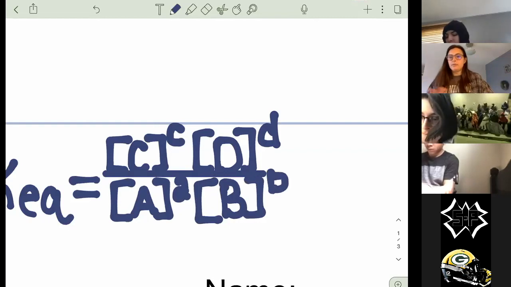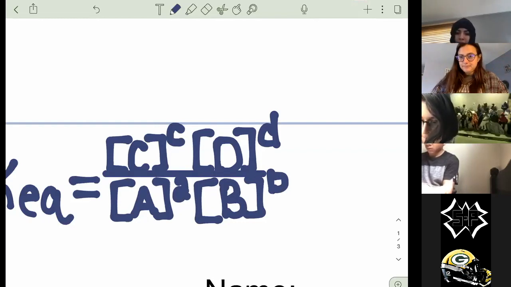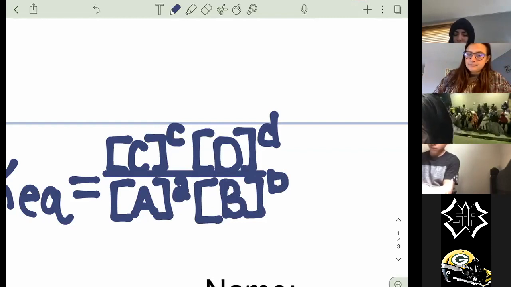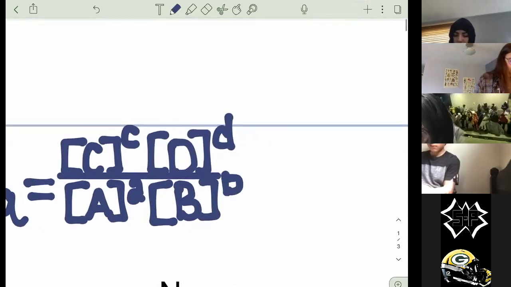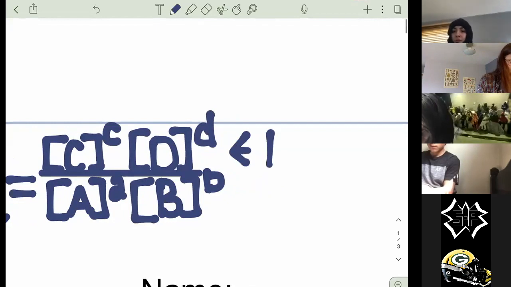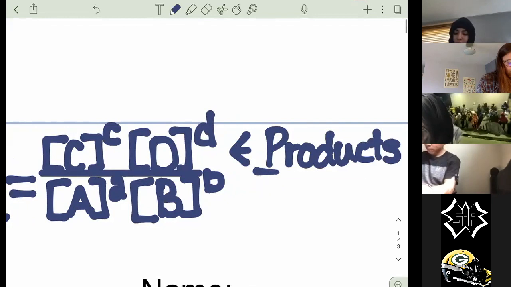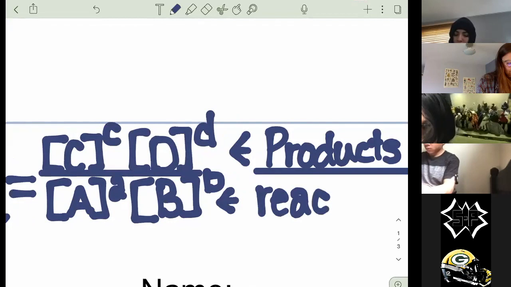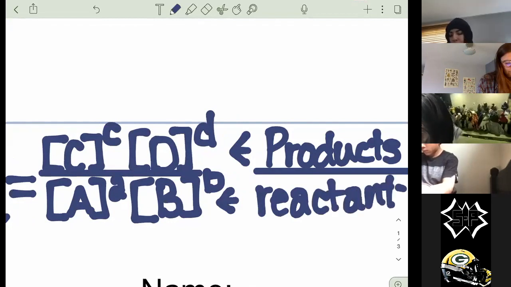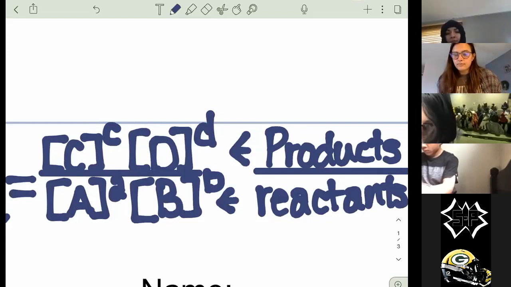So we're going to write that down and then break it down, because it seems like a really scary equation. It's really not. So those are your products. Reactants.